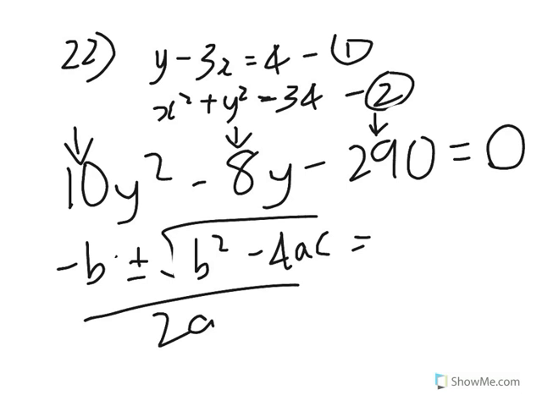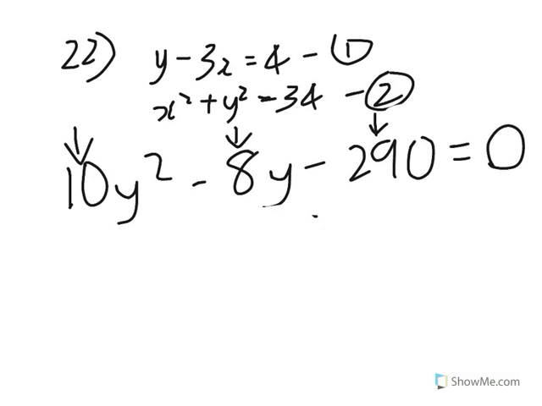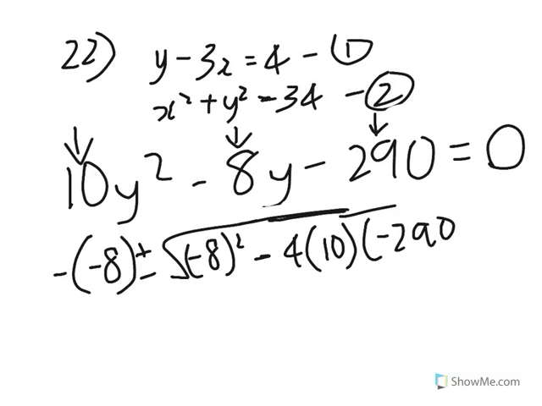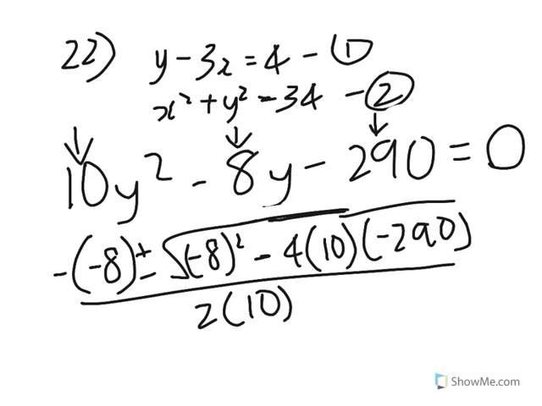So you're going to get minus negative 8 plus or minus square root of minus 8 squared minus 4 times 10 times negative 290, over 2 times 10.